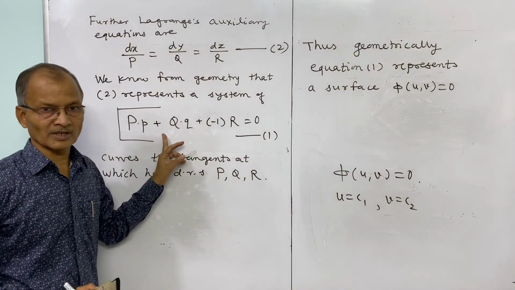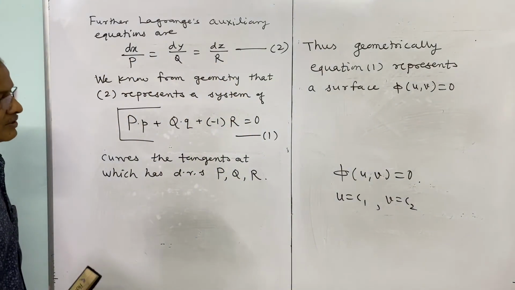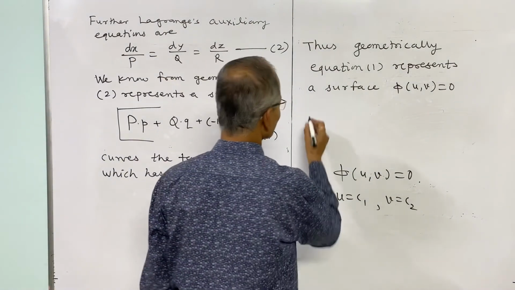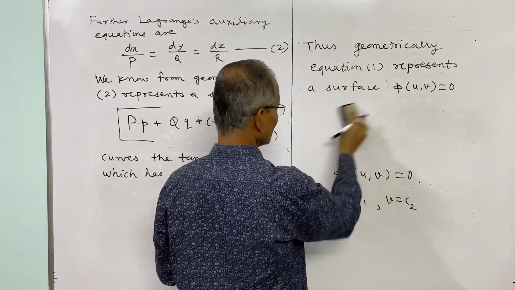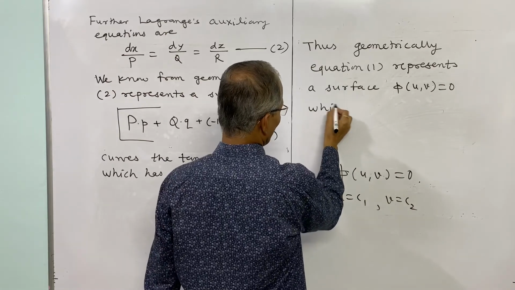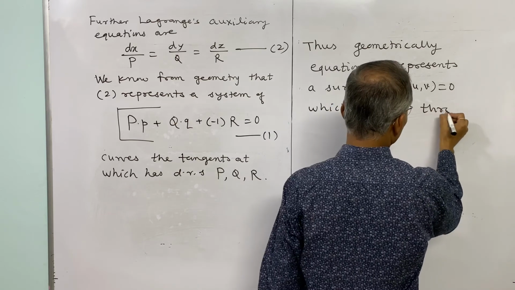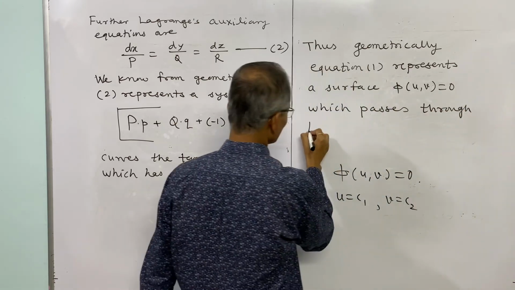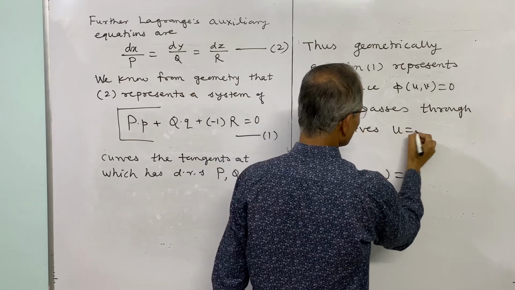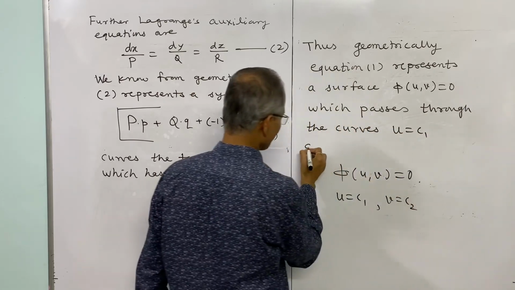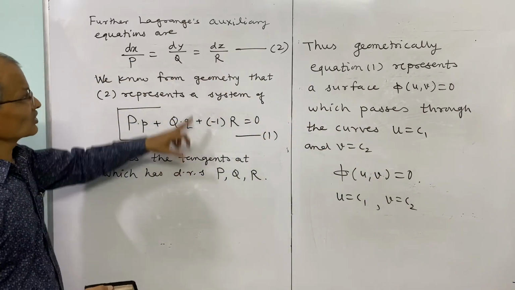We have solved such problems, and the solution we have written like this: phi of u and v is equal to 0, which passes through the curves u is equal to c1 and v is equal to c2, given by equations 2.